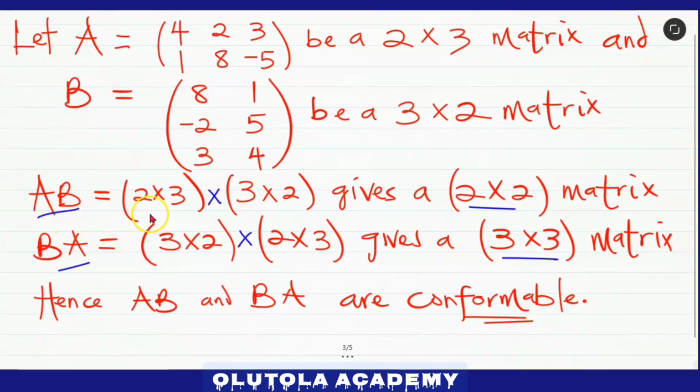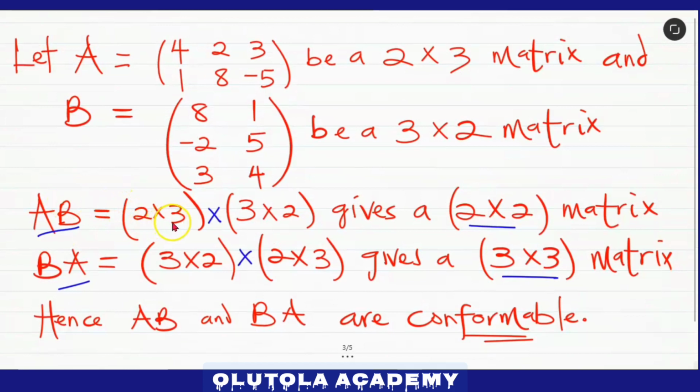When we multiply these, they are conformable if the number of columns of the first is equal to the number of rows of the second. In this case, for A the number of rows is 2 and the number of columns is 3. For B the number of rows is 3 and the number of columns is 2.